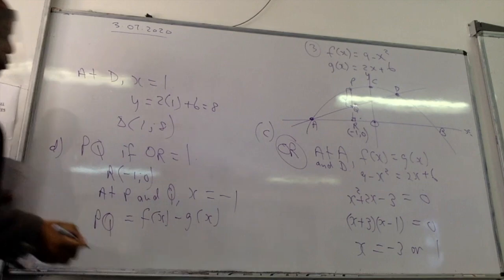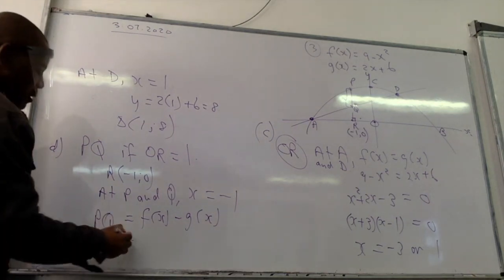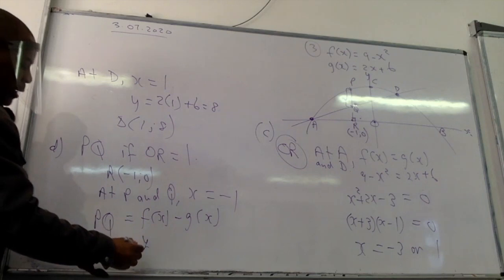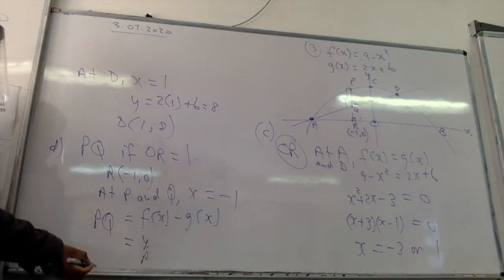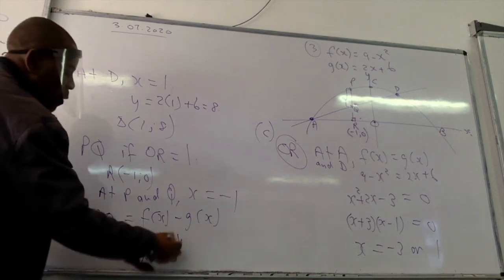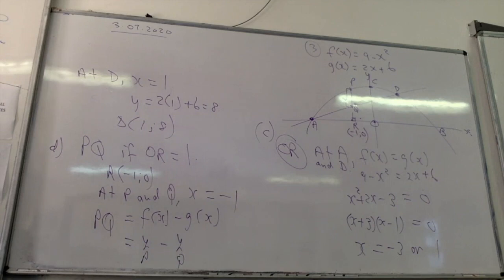I'm not trying to confuse you. This means the same thing as the y value at P minus the y value at Q. That is just another way of explaining it.